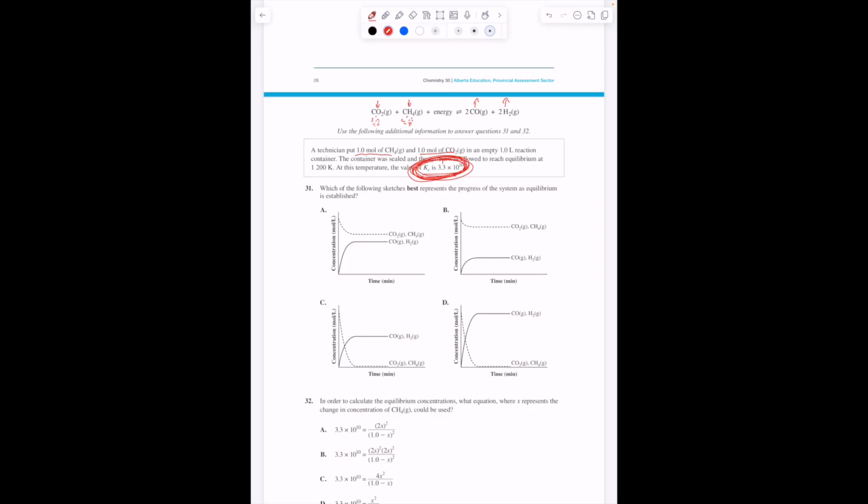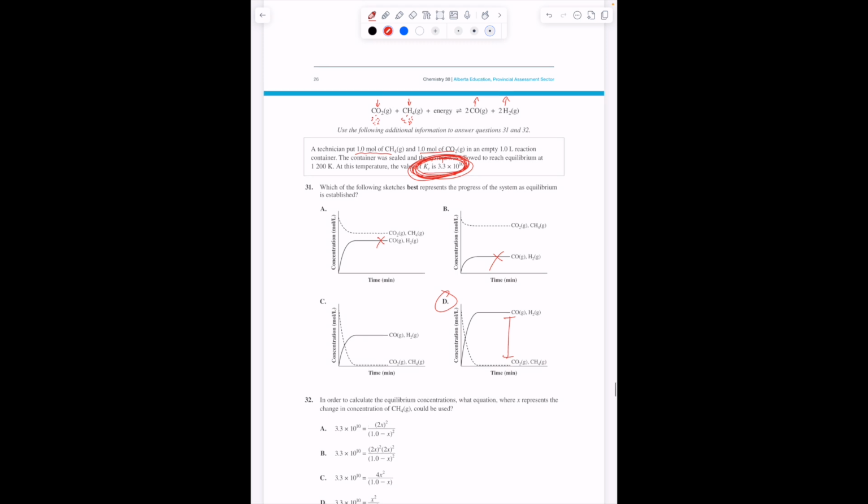So I need products to be higher than reactants. So this graph is out because my products are not higher. Okay. And because it's such a big number, the gap is huge. So I will say this is D. Yeah, that's right. All right.